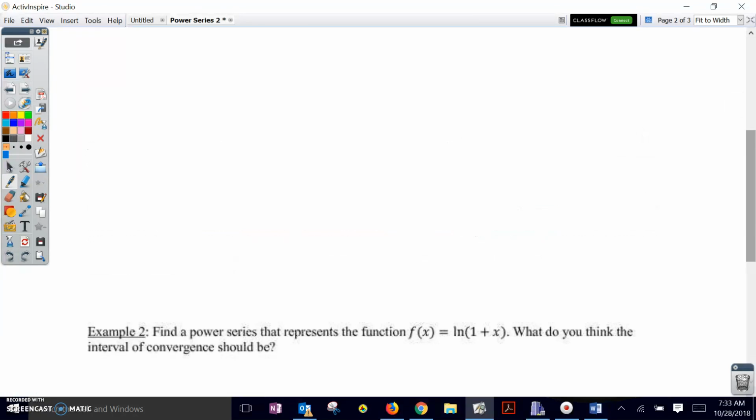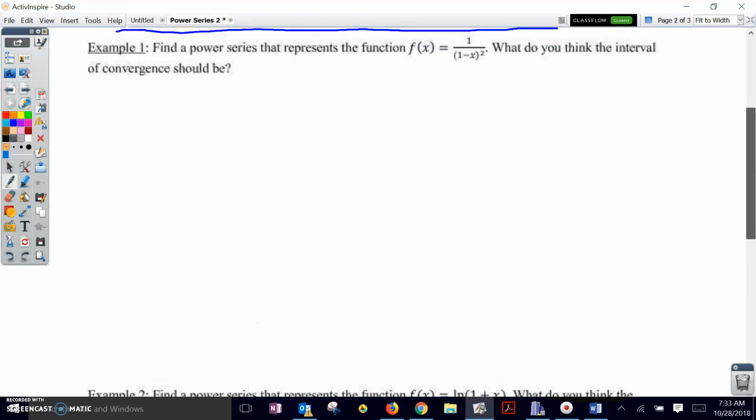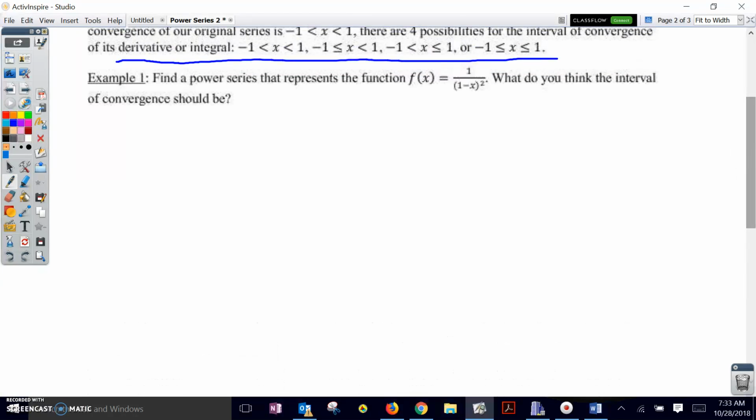First of all, we're trying to find the power series that represents this function right here, f of x equals 1 over the quantity 1 minus x quantity squared. And so we're trying to think, is there a series that we know that if we took the derivative of it or took the integral of it, it would give us this particular series.